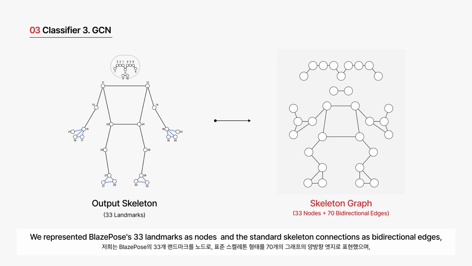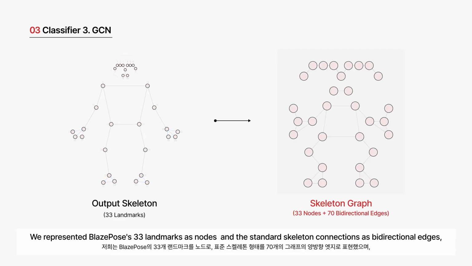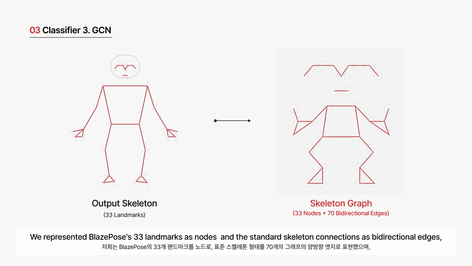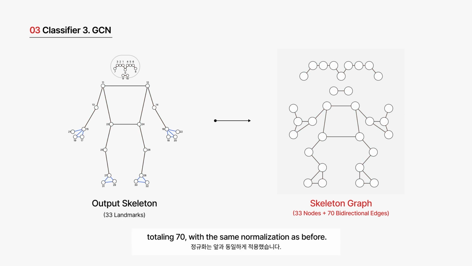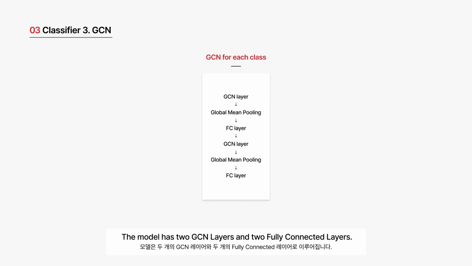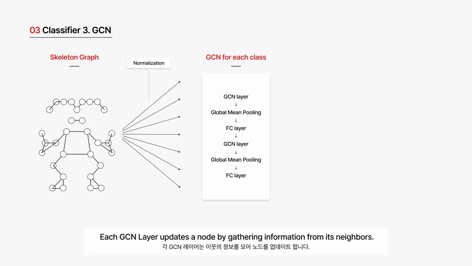We represented BlazePose's 33 landmarks as nodes and the standard skeleton connections as bidirectional edges, totaling 70, with the same normalization as before. The model has 2 GCN layers and 2 fully connected layers. Each GCN layer updates a node by gathering information from its neighbors.